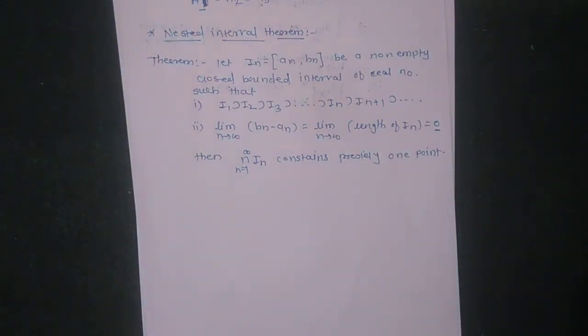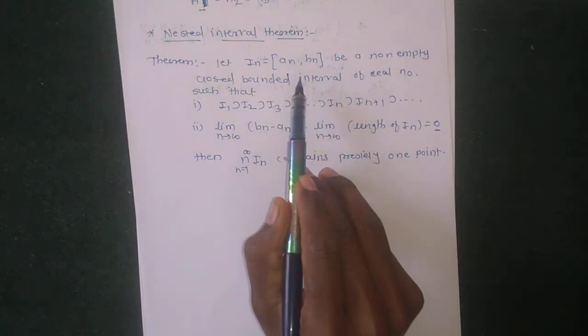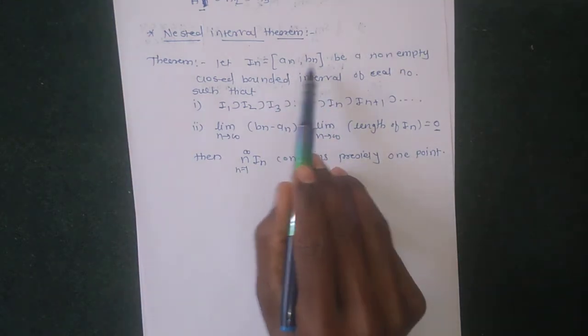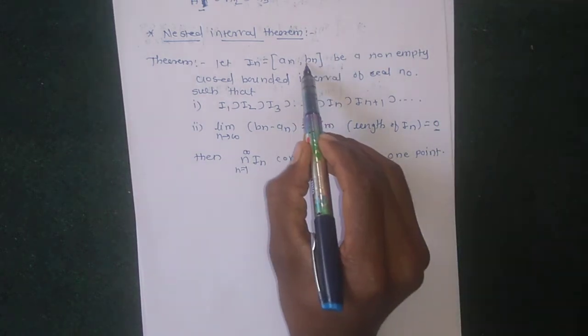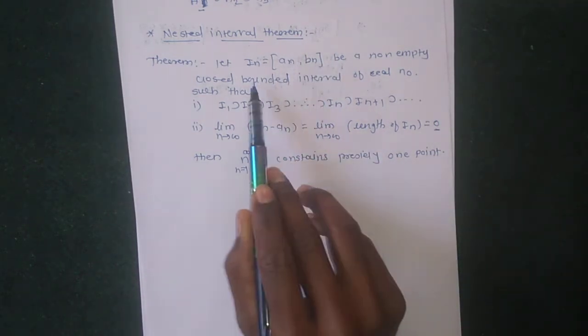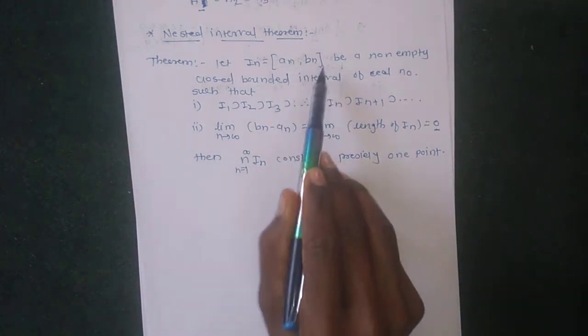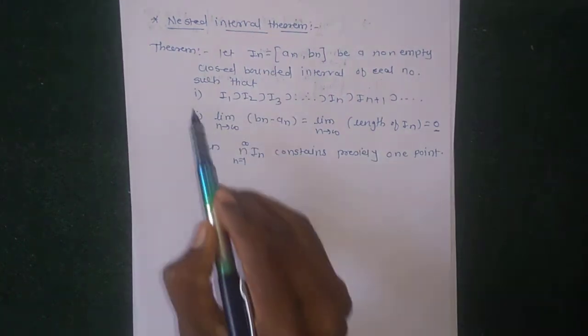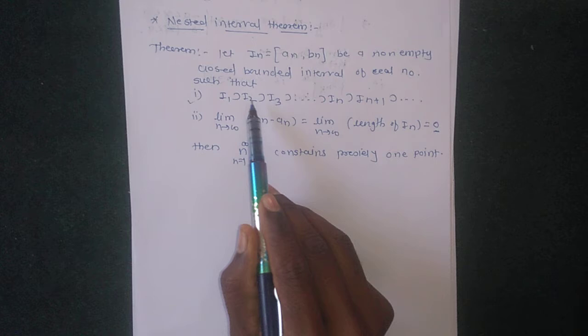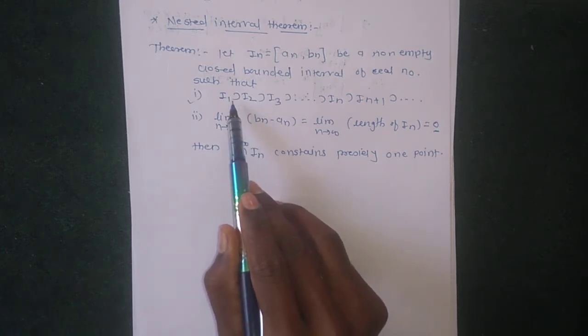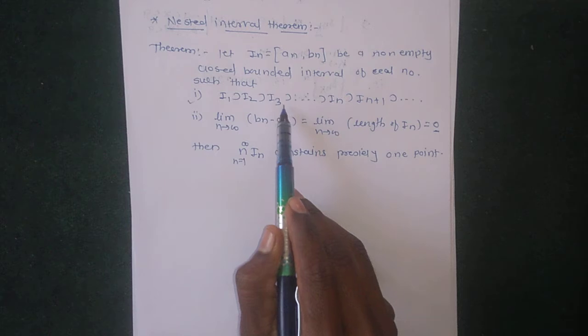So how to prove? Here it is given that the interval I1 contains I2, then I2 contains I3, and up to so on. In is the interval [An, Bn], which is a closed interval and also bounded, bounded below by An and bounded above by Bn. First and second are given. First, I1 contains I2 contains I3 in this way.